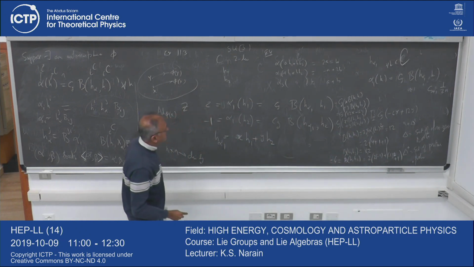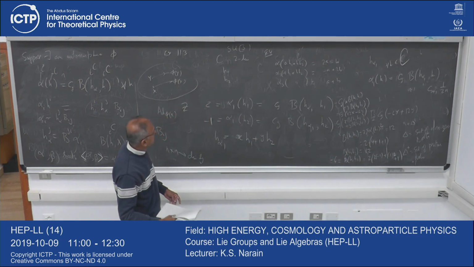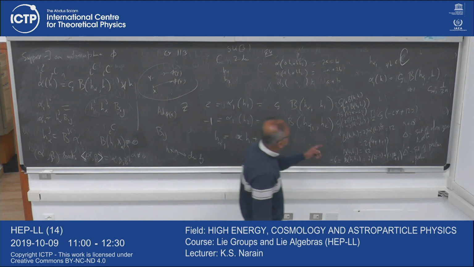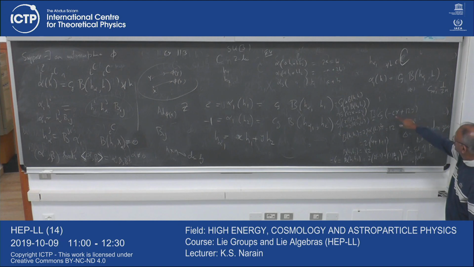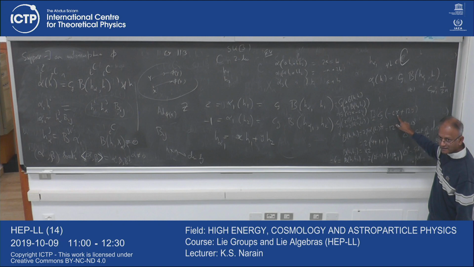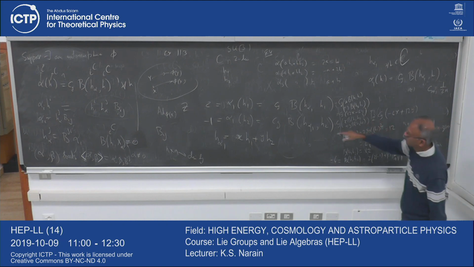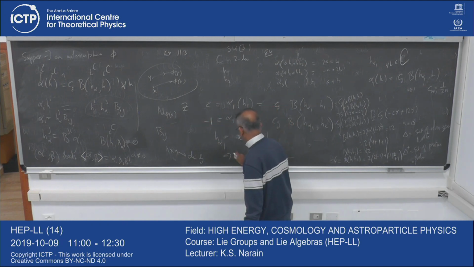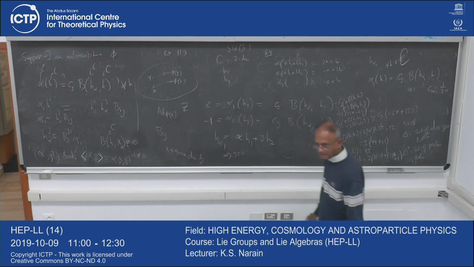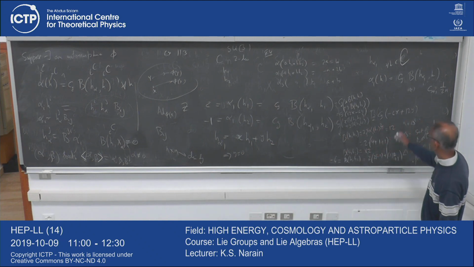If I want to determine y, I can multiply this equation by 2 and add, then x disappears. This gives you 0, so this implies y is 0. And then you determine x.